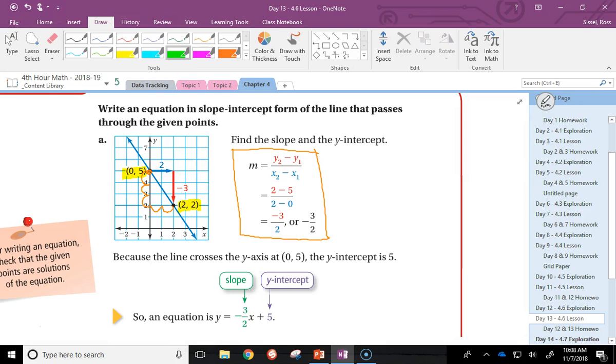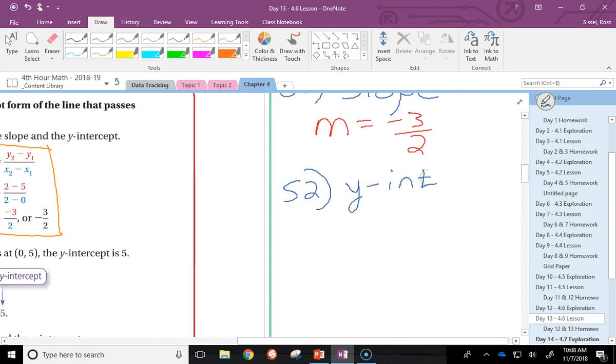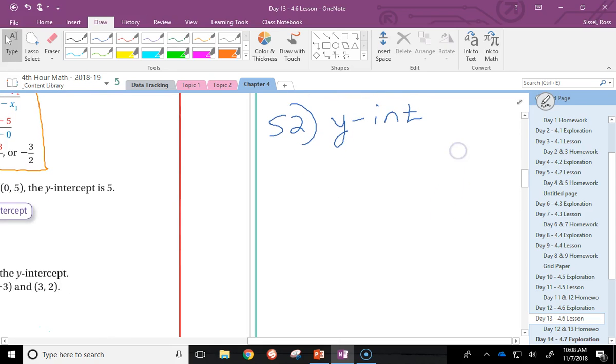So what is, I'm going to erase this so we don't mess this part up. If it crossed at 0, 5, it's crossing right here. What is that y-intercept? 0. No, 5. It's 5. It's crossing the y-axis when y is 5. And remember, our symbol for y-intercept is the b.